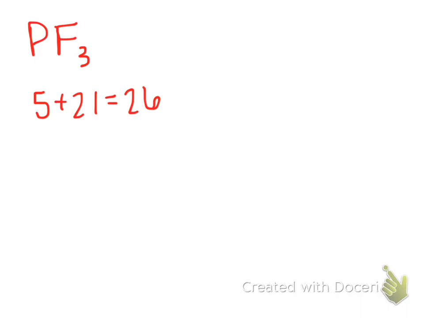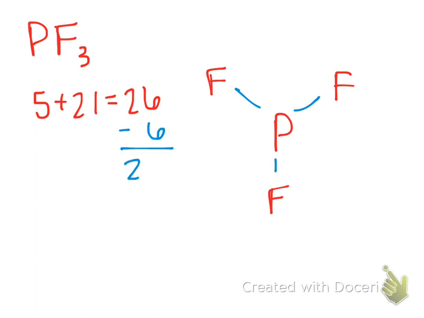Why phosphorus? It's the least electronegative, very good. And it's whichever really comes first, or whichever has the fewest. Both of those are good clues to which should be your central atom. So P, F, F, F, and then I'm going to bond. In my bonds themselves, how many electrons have I used? I've used 6. So that leaves me with 20 electrons left.